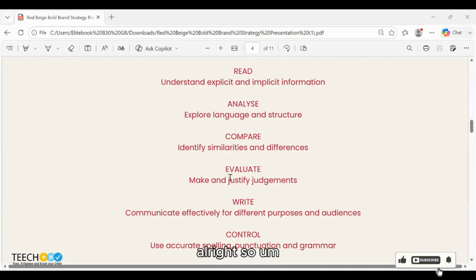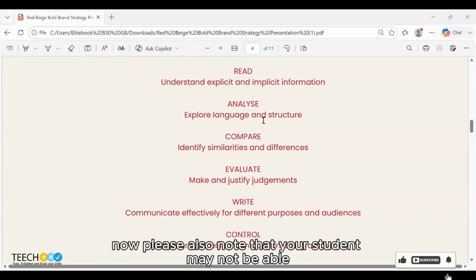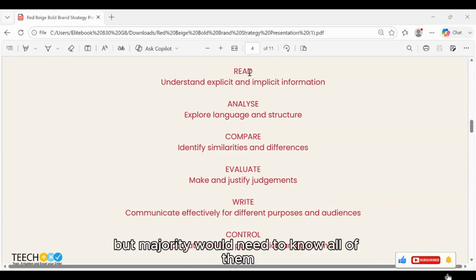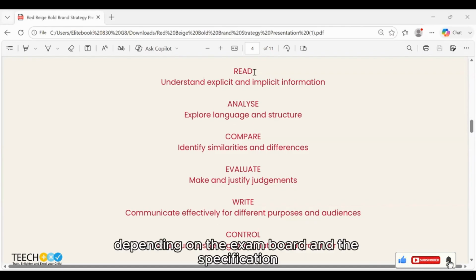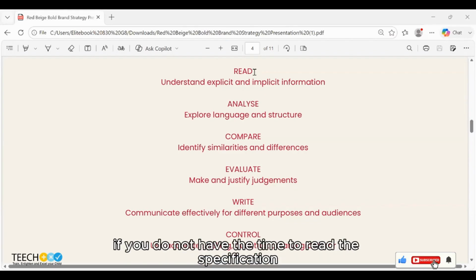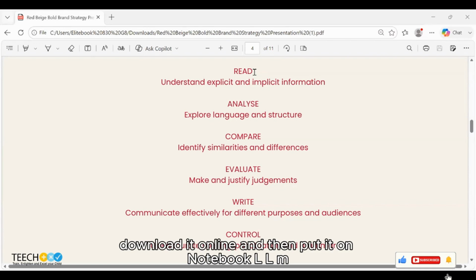All right, so after comparing texts, your student should be able to evaluate. Now, please also note that your student may not need to know all of these skills, but the majority would need to know all of them, depending on the exam board and the specification. That's why I would always say read the specification. If you do not have the time to read it, you can download it online and put it on NotebookLM.